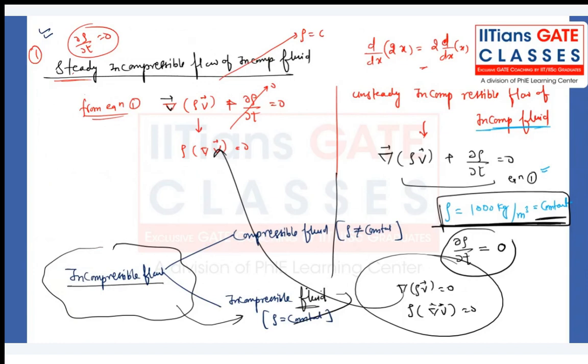Only 1% or very rare case where incompressible flow will be compressible fluid. I will prove that. If it is an incompressible fluid, it has to be incompressible flow.